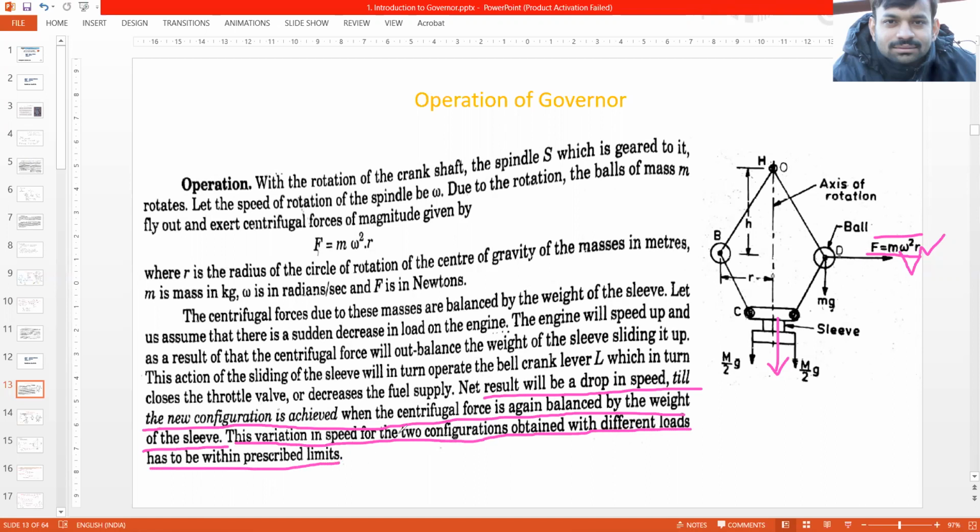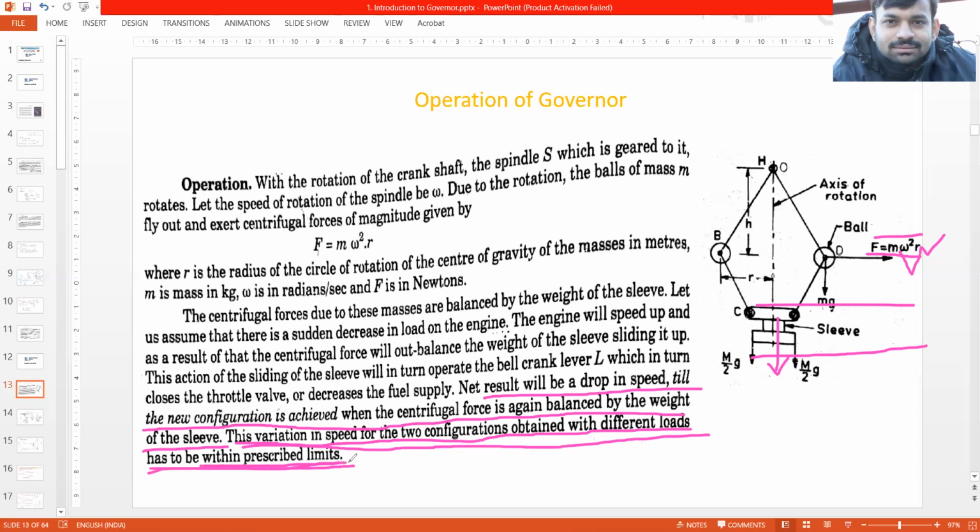As we saw in the first lecture, for best output the engine has to keep its speed of rotation within certain limits. So this is what is being said here: the variation in speed for the configurations obtained with different loads has to be within prescribed limits.